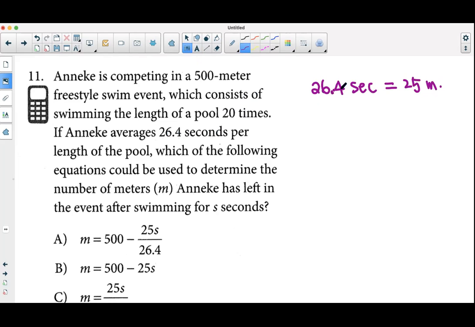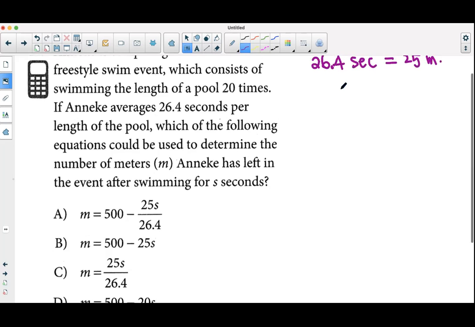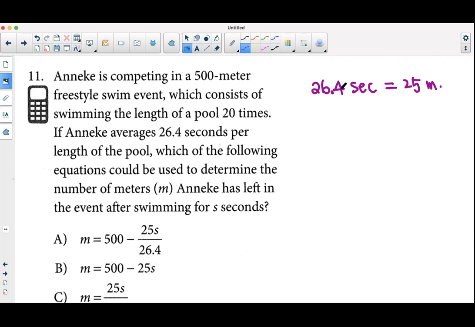All right. So what if this person swims s number of seconds? How much distance would this person swim by then? I'm going to call that d.